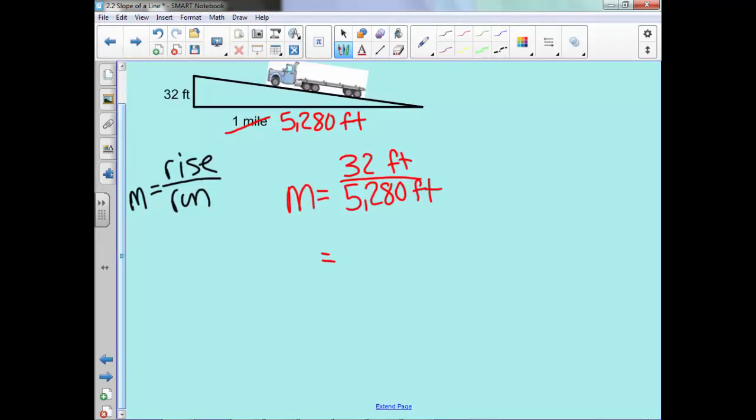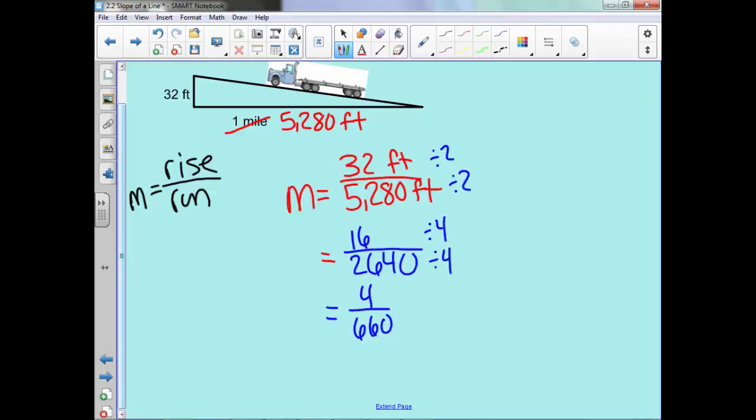We can divide them both by 2, which I always find easy to start with the simple numbers. We notice they're both even, so we can divide by 2. 32 divided by 2 is 16. 5,280 divided by 2 is 2640. Reduced now by 4. Here we divided by 2. Here we divided by 4. And now we're going to divide by 4 again. And there's our slope.